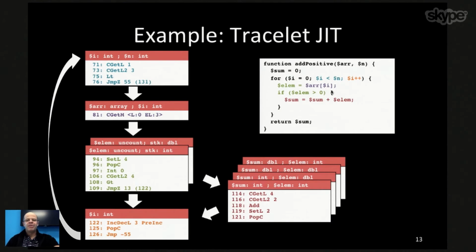Here I'm just representing the code as bytecode, but that's not important. For a piece of code that is actually polymorphic, say the sum statement in this example, if the elements are sometimes doubles, sometimes integers, we end up generating multiple tracelets for those code blocks to handle the different types that we see at runtime.